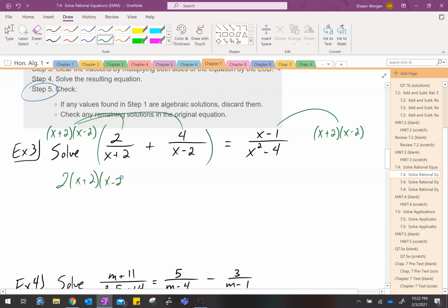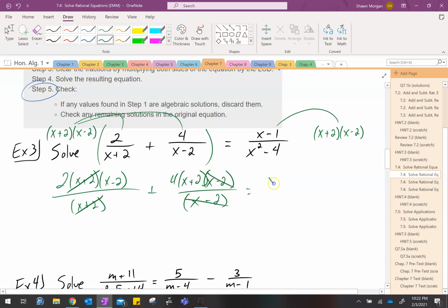So we put an x plus 2, x minus 2 on the top, and you'll notice that x plus 2 cancels out from the first fraction. We put an x plus 2 and x minus 2 on the top of the second fraction, and again you'll see that the denominator, in this case x minus 2, cancels out.